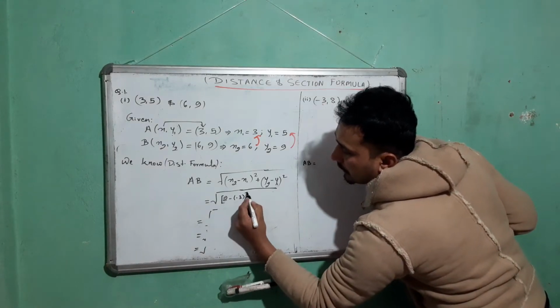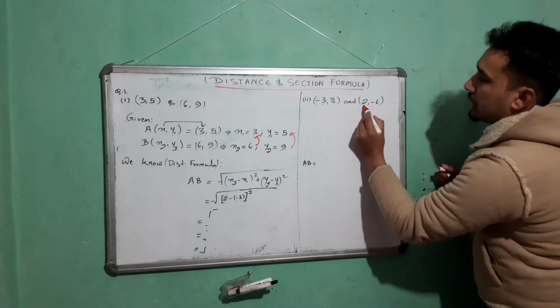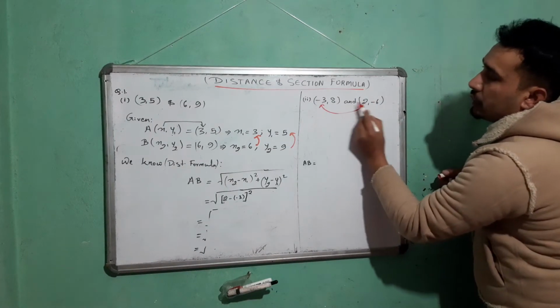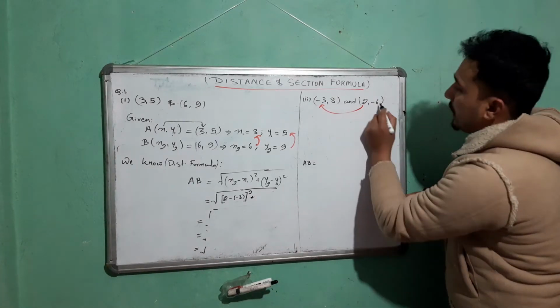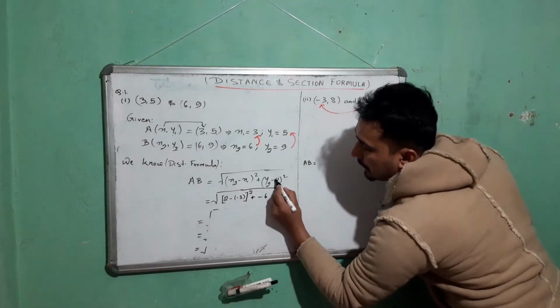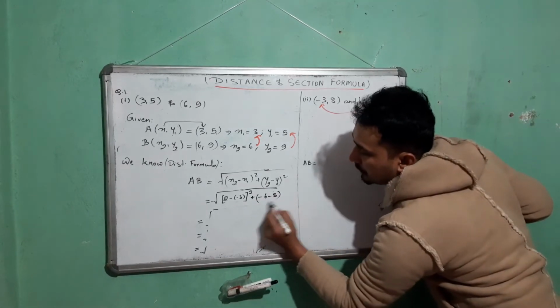You have to put this in another bracket: x2 minus x1, 2 minus minus 3, plus y2 which is minus 6, minus y1 which is 8, whole square.